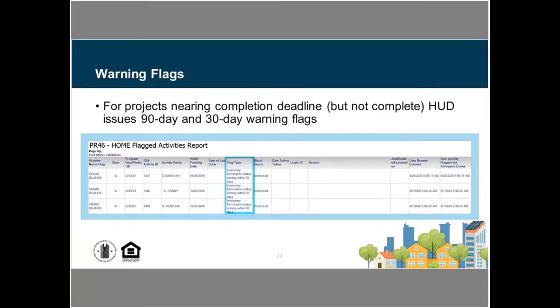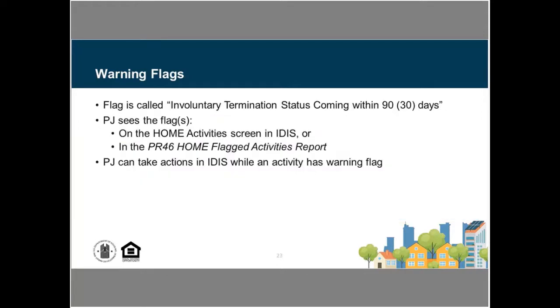So we really want to make sure that we don't miss any of these flags, because that's the important time that we need to be able to do whatever corrective action, which might include requesting an extension, to make sure that we don't miss that and trigger a repayment of funds.